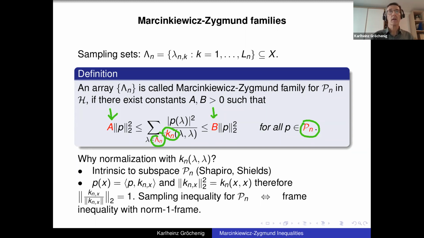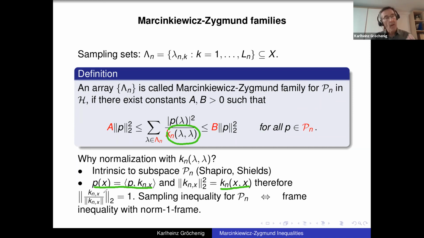So now, why would we look at this particular weight? You have seen that before. Well, these are the intrinsic kernels. They belong to the space itself and not to some ambient superspace. Secondly, if you look at point evaluation in the subspace, then the norm of the reproducing kernel is just the reproducing kernel on the diagonal. So what you divide by here is just the norm of the reproducing kernel.